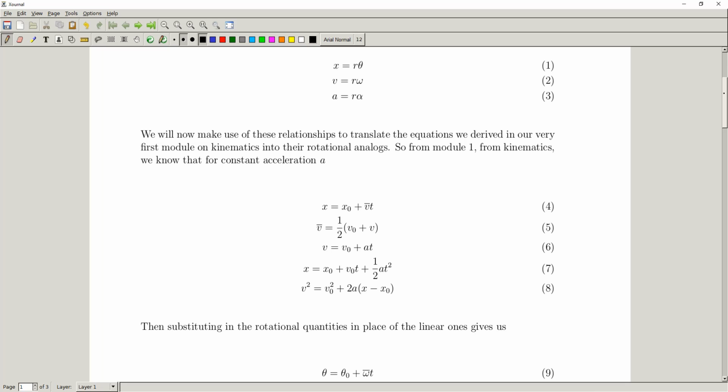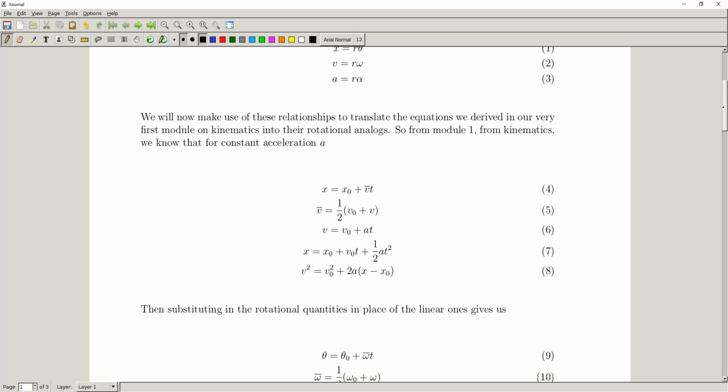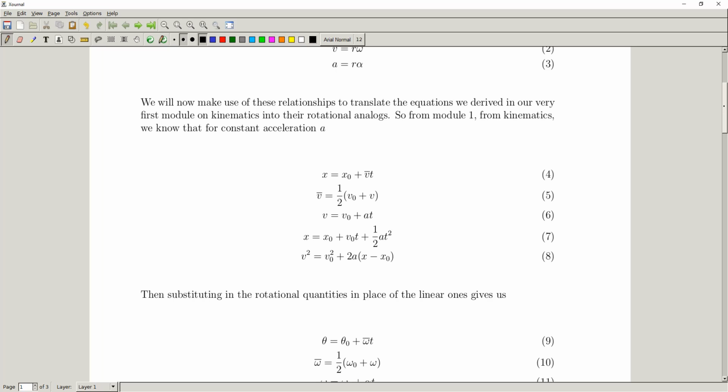Okay, and so if we think back to the first module, at the end of maybe the third set of notes and video in that module, I wrote down the collection of equations that we see here, equations 4 through 8, all the tools that we use to do our calculations in 1D kinematics, right?